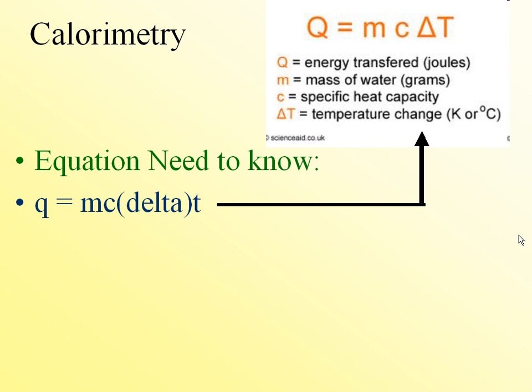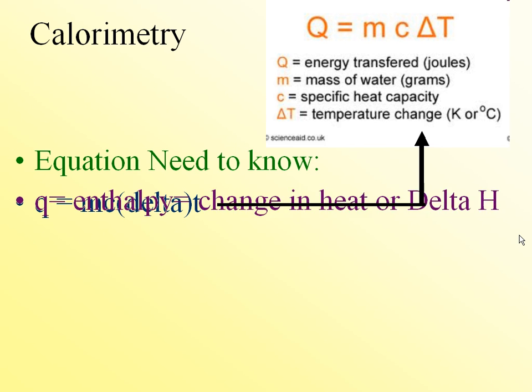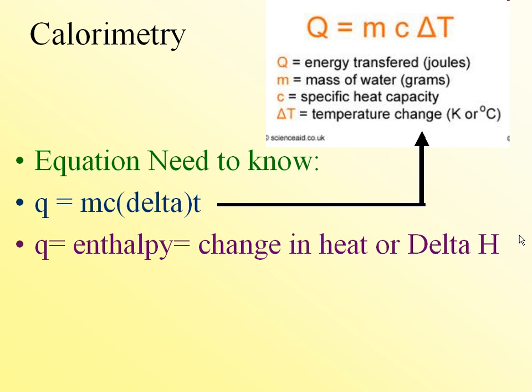Q equals mc delta T, which is the same as the picture. Q is enthalpy, or the change in heat, or the delta H. M is the mass of the water.